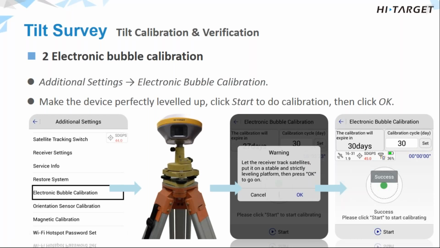Click Start to do the calibration, and there will be a warning here. You can do the calibration according to the warning and click OK, and it will prompt success. It's recommended to calibrate the device every 30 days.